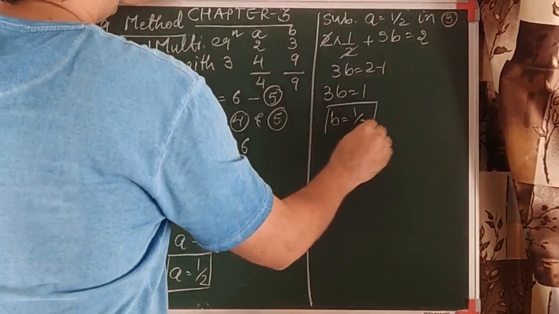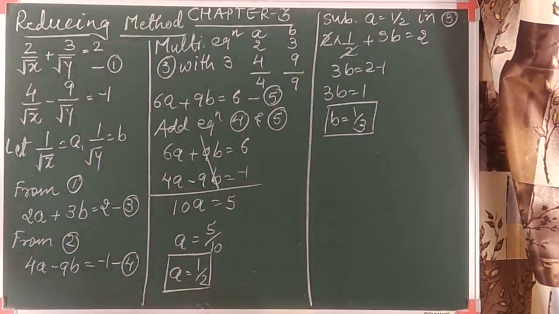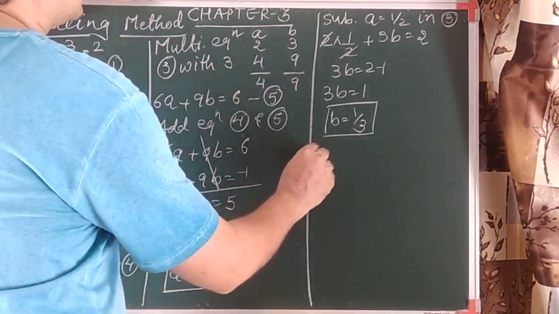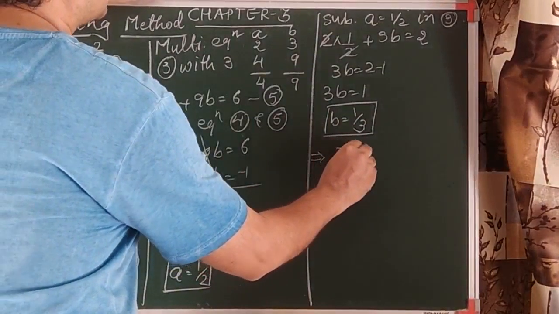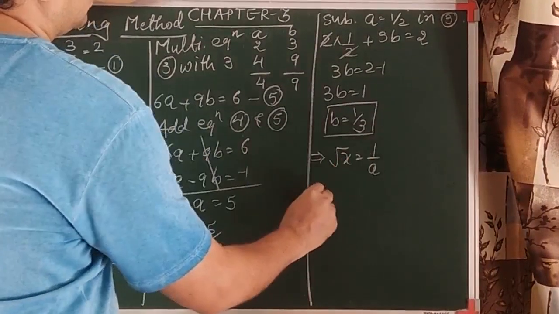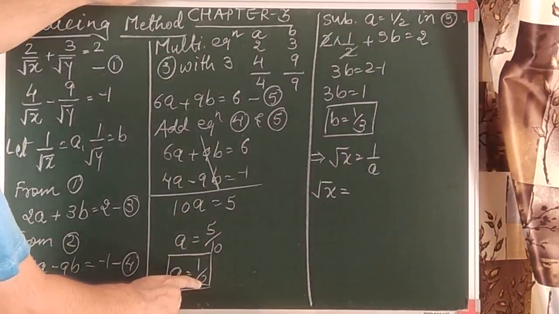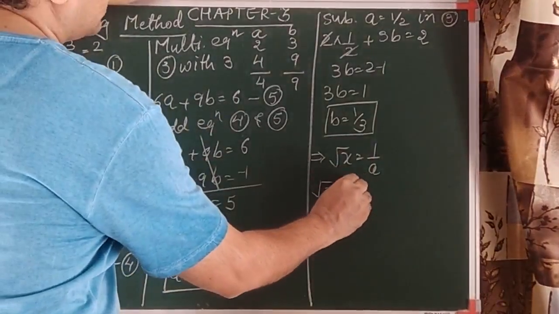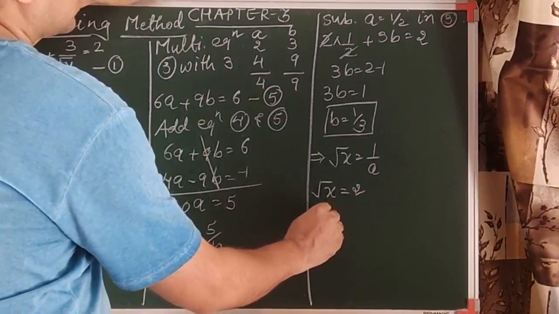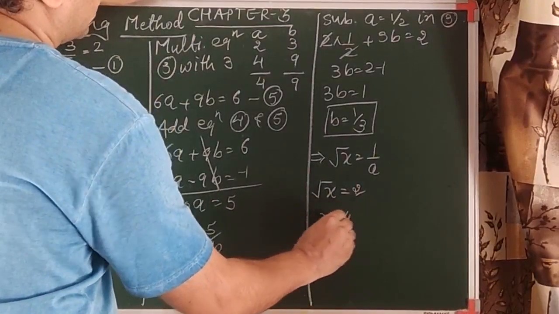Let me tell you, a and b are not the original variables. We assumed that. So from the above assumption, we can say root x is equal to 1 by a. So root x is the inverse of a. A is 1 by 2, so 1 by a is 2. But this is the value of root x, so x is 4.